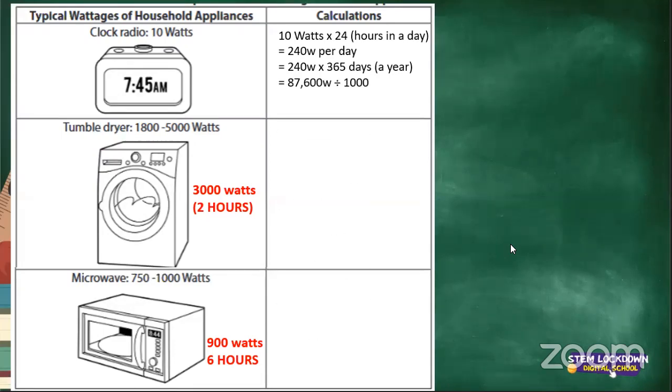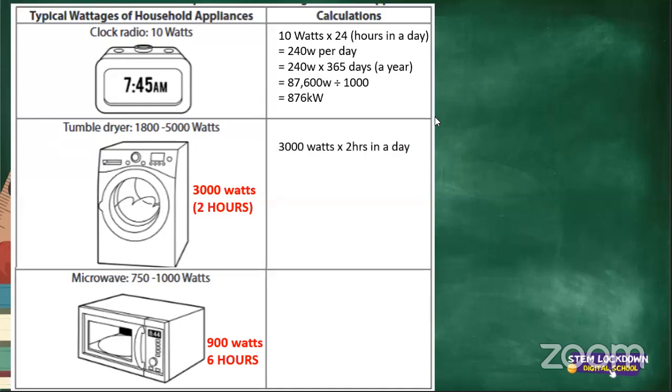When we times that, we get 87,600. Sorry about that. And we divide that by 1,000 to get your answer in kilowatts. If you want to find out the appliance usage in kilowatts, we need to divide it by 1,000.